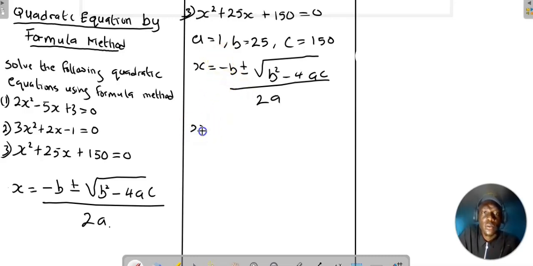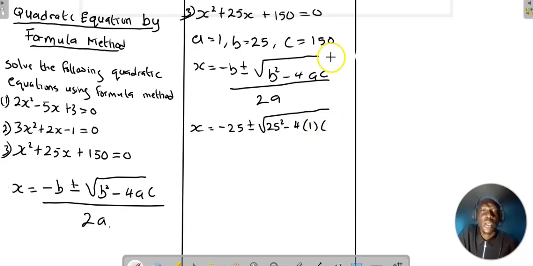So our x is equal to minus 25 plus or minus the square root of 25 squared minus 4 times a, our value for a here is 1, times c, our value for c is 150, all over 2 times a, and our value for a is 1.